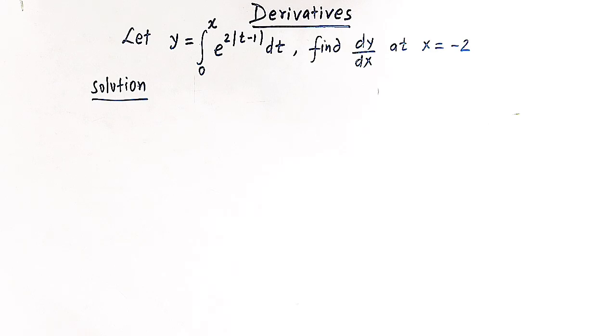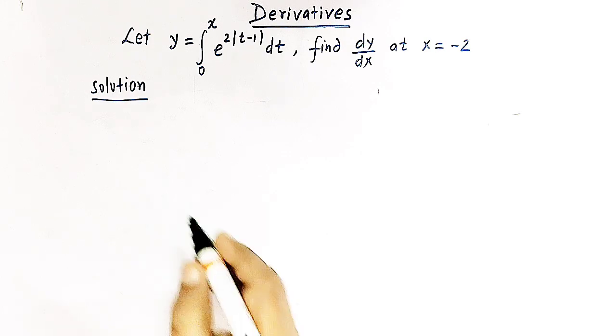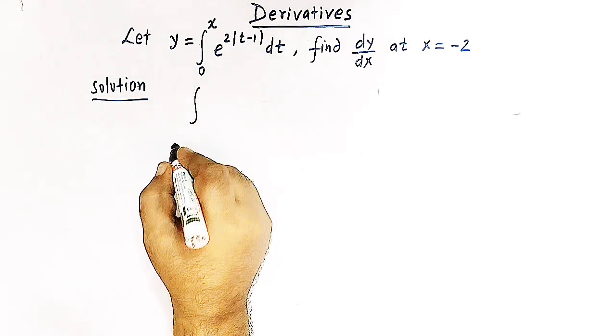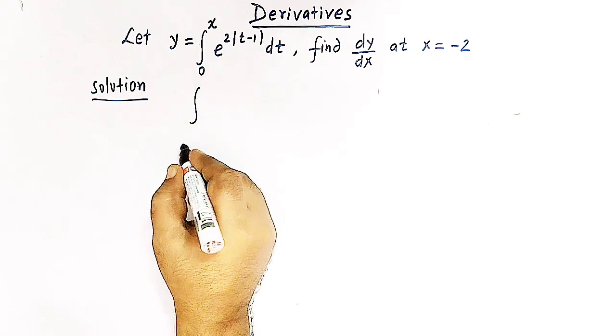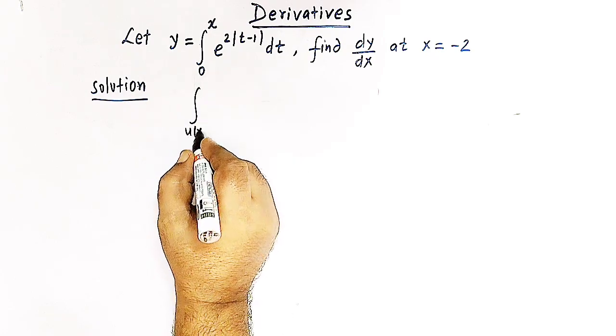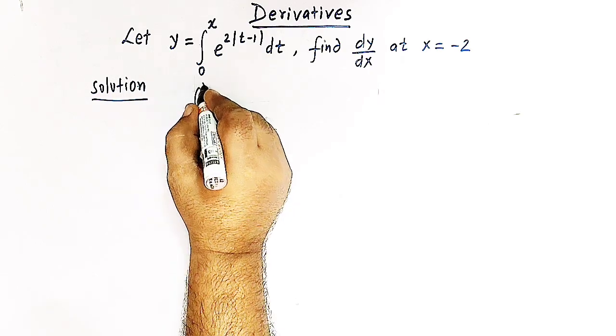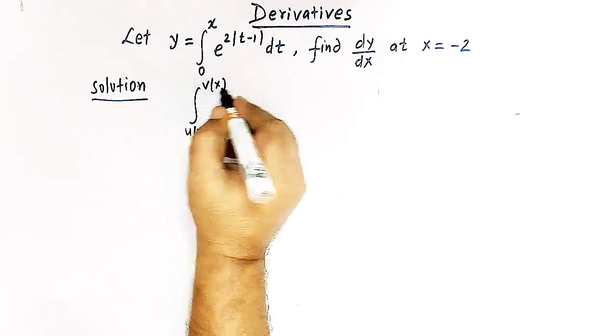So here to solve this problem we'll make use of Leibniz integral rule. So let us start. So Leibniz integral rule says that if we have an integral in which the lower limit and the upper limit are functions of x, so let us take the lower limit as u of x and upper limit as v of x.